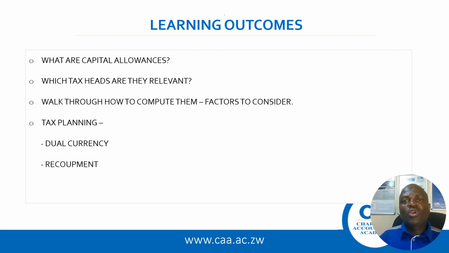So you can go to our channel and have a look at the video on recoupment. Capital gains tax, it definitely is affected. Your capital gains tax computation is affected by your capital allowances treatment in the income tax side of things.